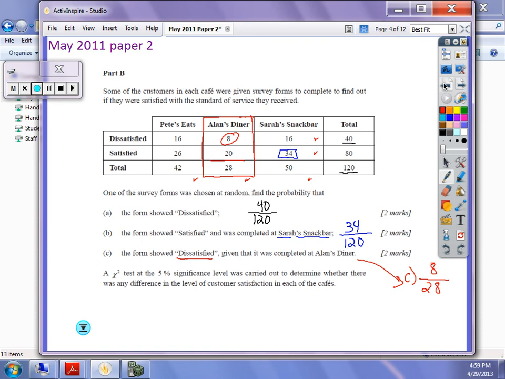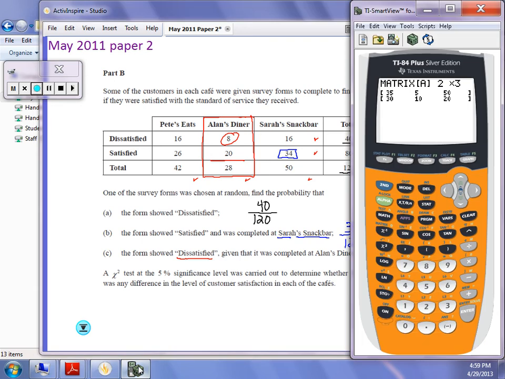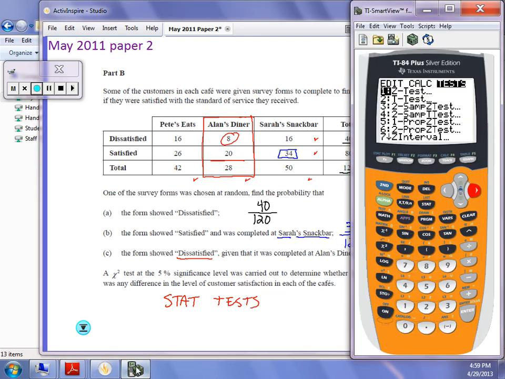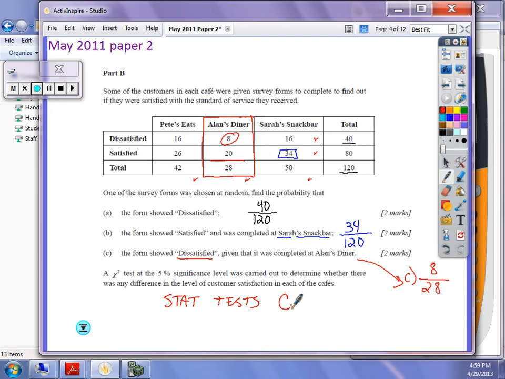Once you get that finished, then in your calculator, you're going to go stat, and we're going to go over to tests, and then you can scroll up, it might be faster, or down to option C, which is the chi-squared test.